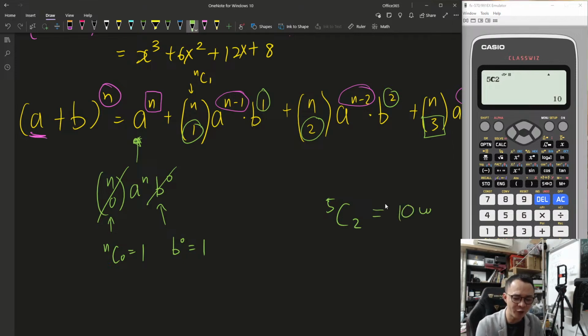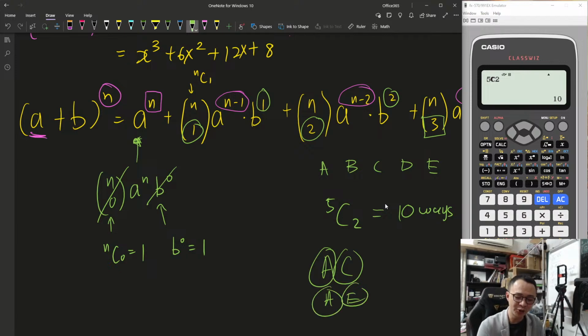So I have 10 ways of choosing from the 5 items. For example, let's say I have A, B, C, D, E. I want to randomly choose any 2 items. I can choose A and C. Do you see I choose 2 items? Or I can choose A and E. You can see I choose any 2 items. So if you work it out, you have 10 ways, with 5 items choosing 2 items.